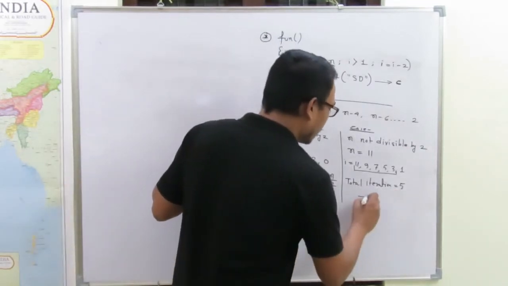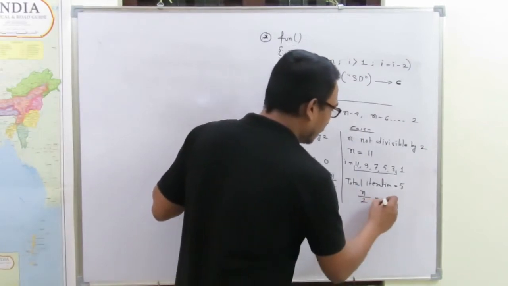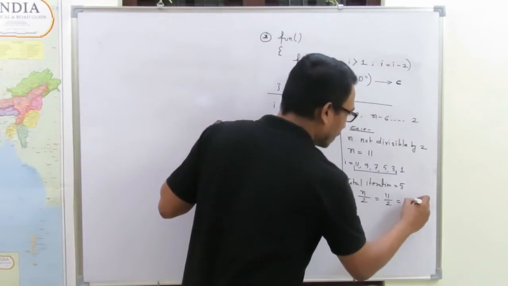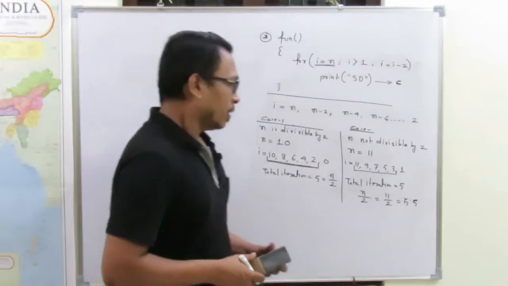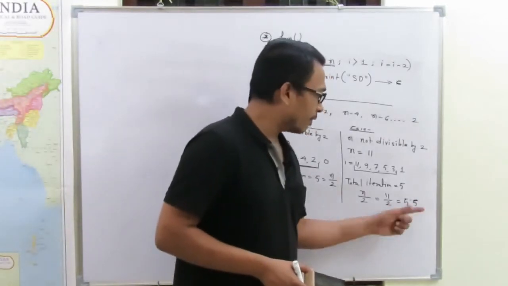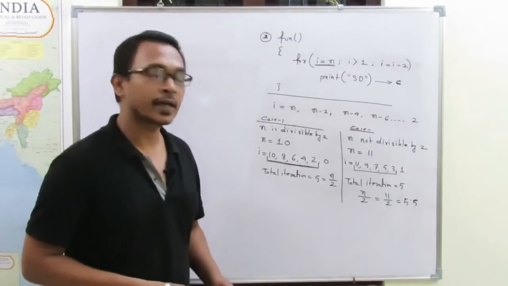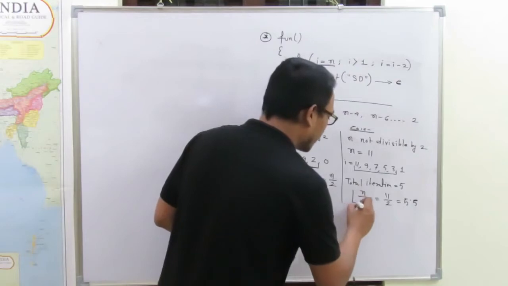So how do we get this value 5? Now look here, n is 11. If we divide 11 by 2, we will get 5.5, not exactly 5. So how do we get 5 from this 5.5? That is done by using the floor operation.